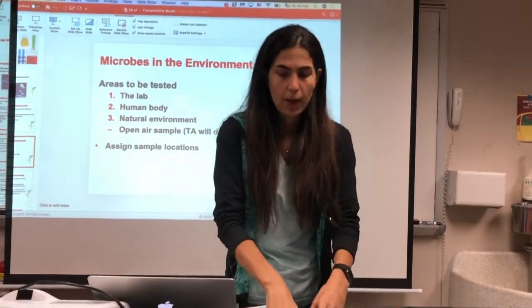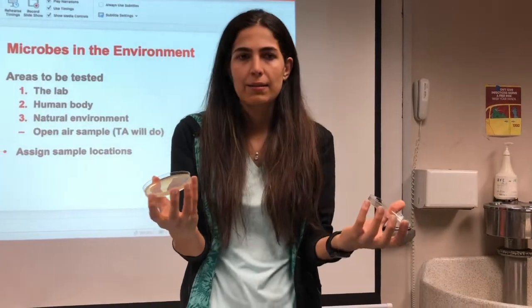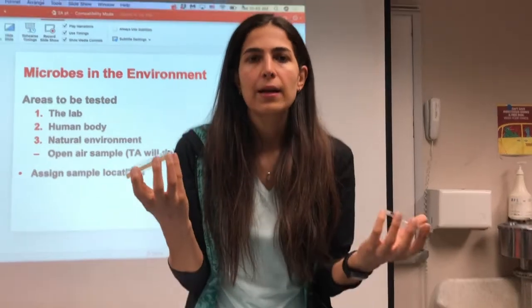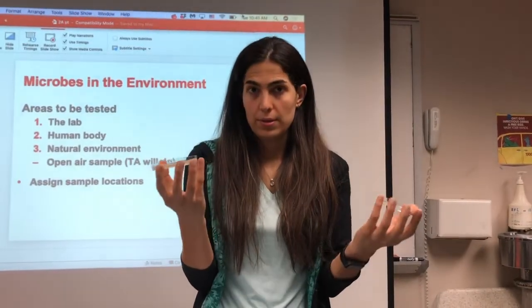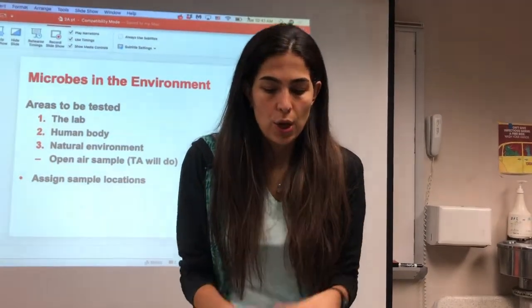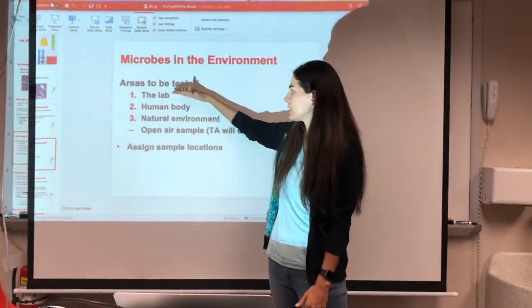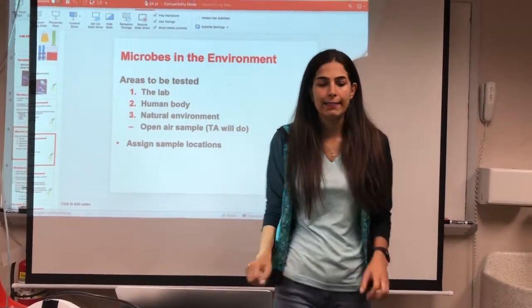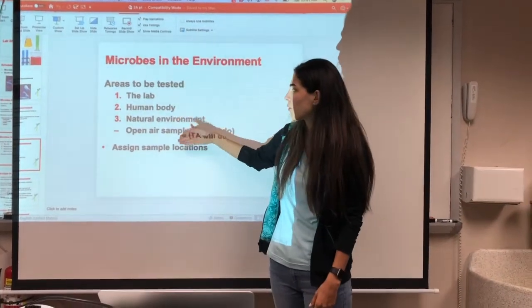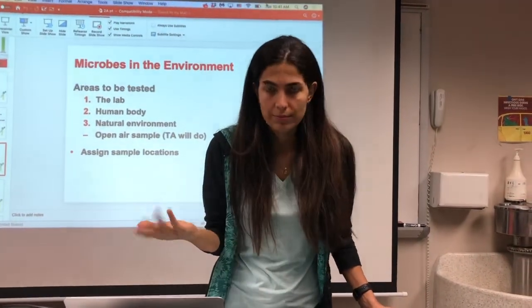When you open the agar plate and put it on your bench for 30 minutes, and then put it in the incubator, you can see that the microbes grow. It means that the microbes are everywhere. Today we are going to streak microbes from these 4 different areas, and then test to see which area has more microbes.